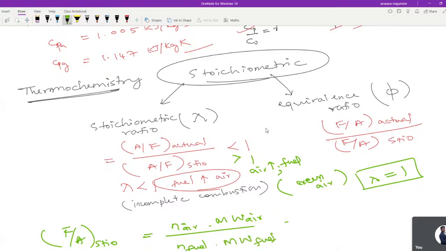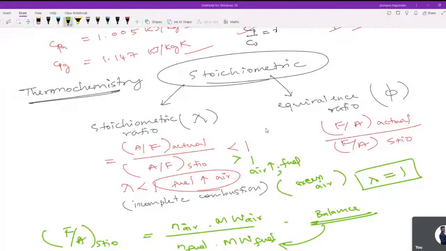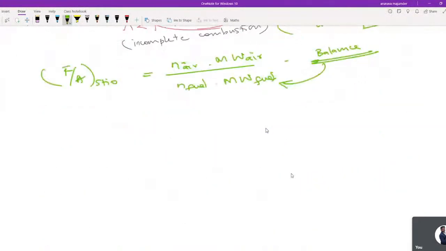As simple as that, you have to make use of this basic equation. First they will give you the combustion reactants they are mixing, first balance them, then put them in this equation to obtain it. This is very simple, and very rarely do they ask this question.